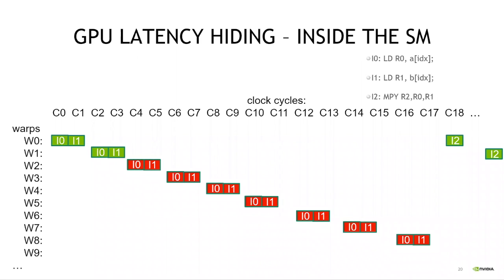Another final observation I'll make about this slide is that in this entire discussion, we haven't used the word cache. Latency hiding presumes to be able to do its work without the benefit of caches. Now, GPUs do have caches, but GPUs didn't always have caches. The very first compute-capable GPU family, significantly before the Kepler family, actually had no caches.